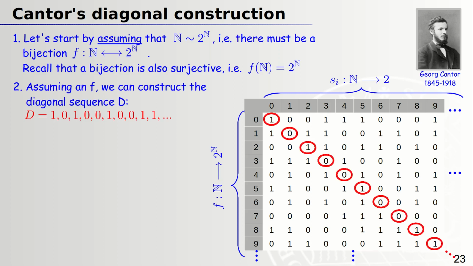With such a table representing the f we postulated as our bijection, we can construct the diagonal sequence of f, which we call d. It too is of course an infinite sequence, and its ith symbol is the same as the ith symbol of the ith sequence in the table representing f.